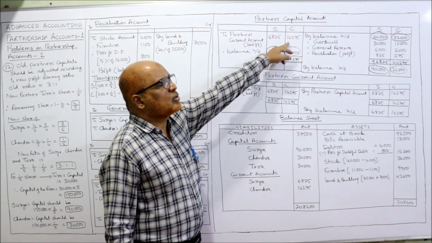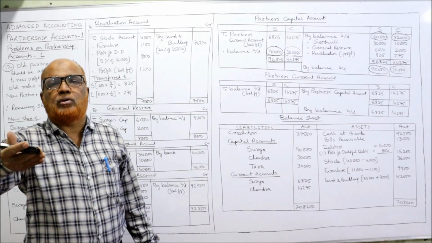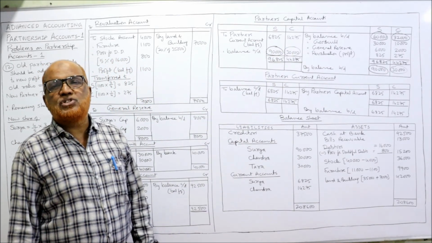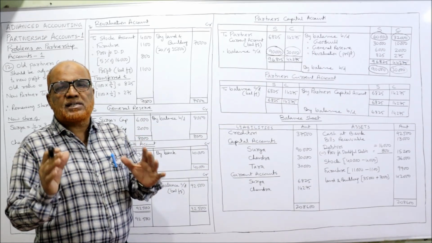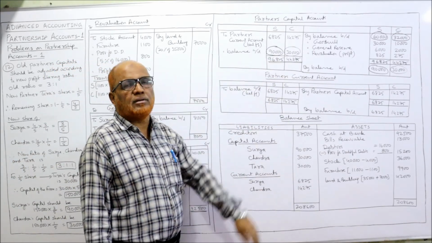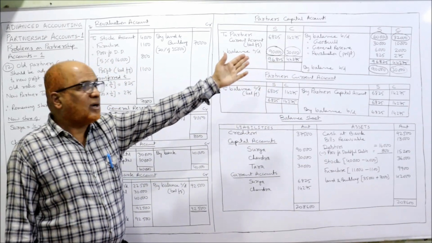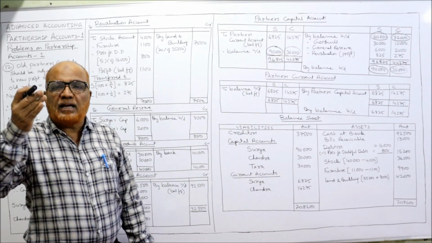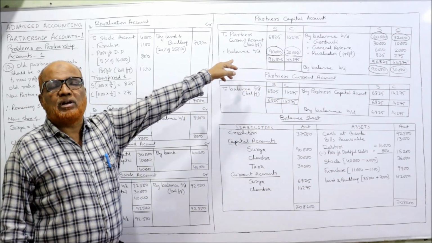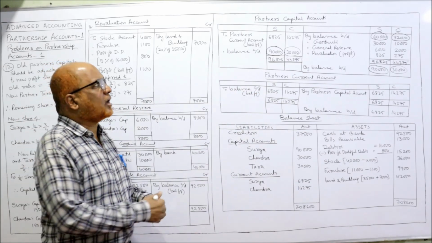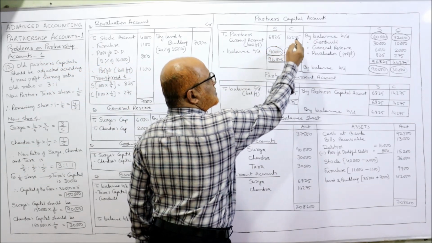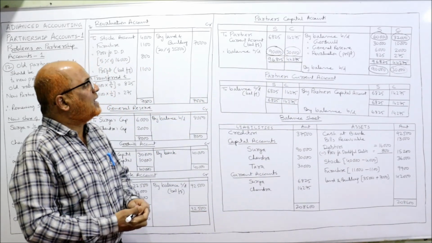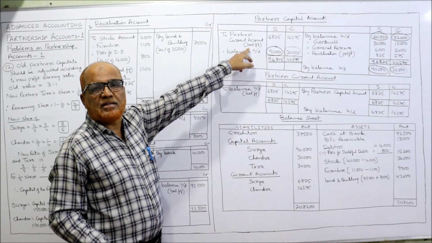So 14,275 is the excess amount in the account of Chandra. His capital should be 30,000, but his capital account is showing 44,275. That excess capital, 14,275, will be transferred to the current account. This is the balancing figure. It is not given in the problem; we have calculated it.